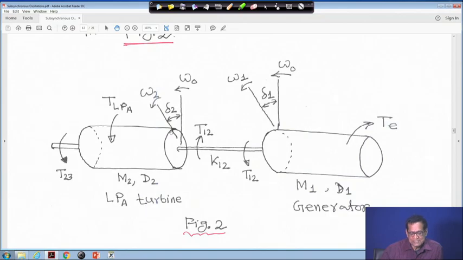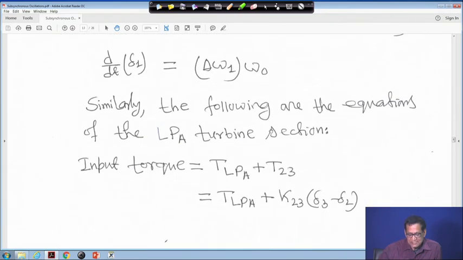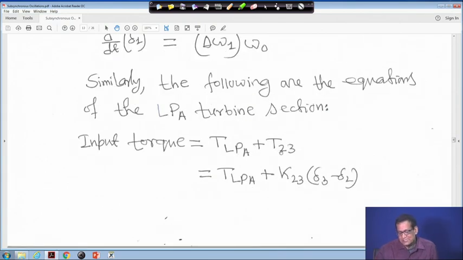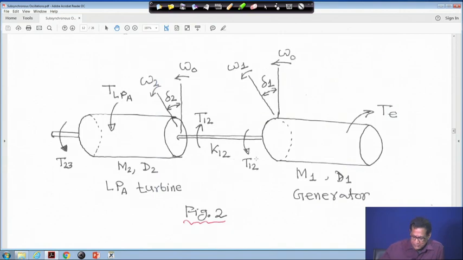So, T2 is equal to TLPA plus K23 into delta 3 minus delta 2, because although only two sections are shown here, this is my section 1, this is my section 2, and on the other side the section 3, the LPB part, is also connected. So, this is the shaft.